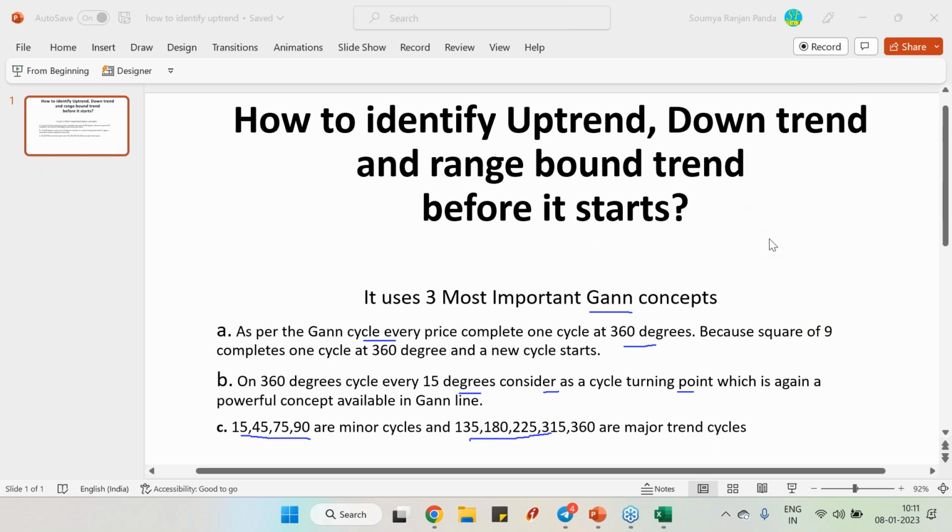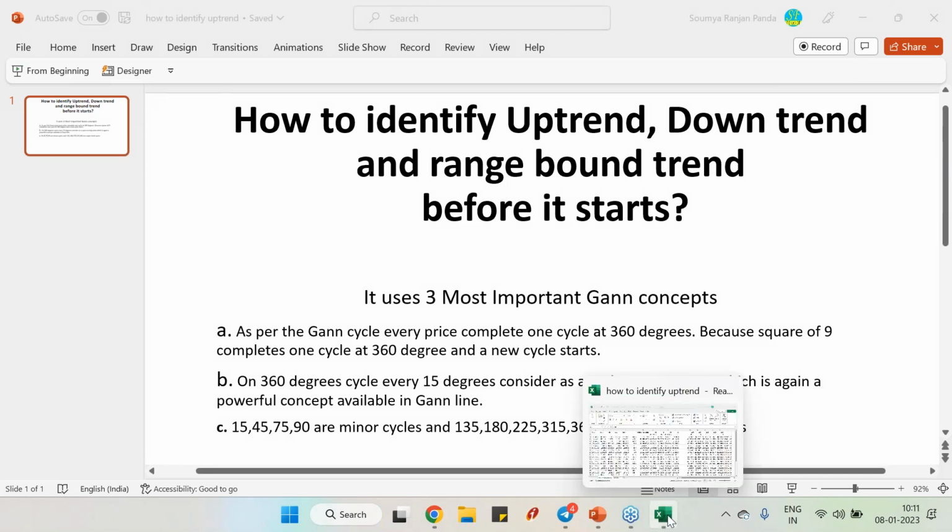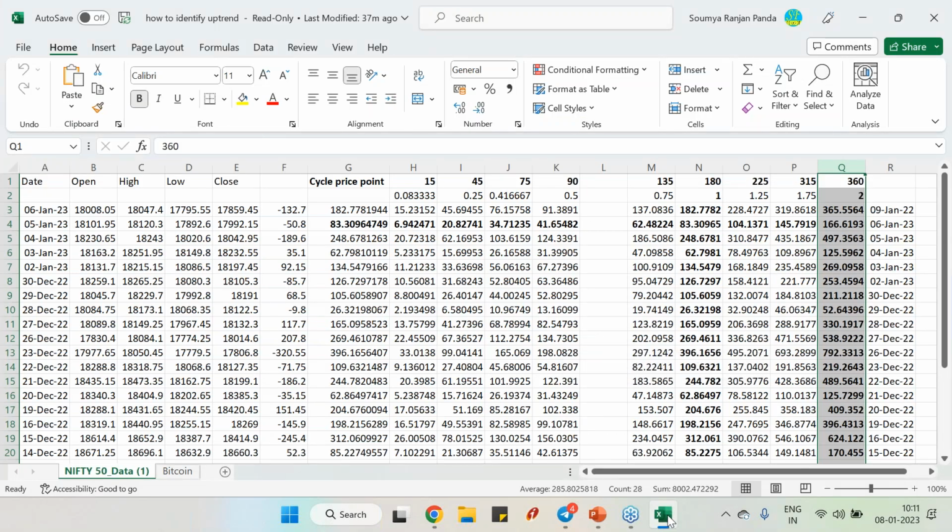These three concepts are very difficult and not easy. They have their own way to understand. For that reason I tell you, if you have procured the Gann course from Smart Finance, then time and again you have to watch those videos.